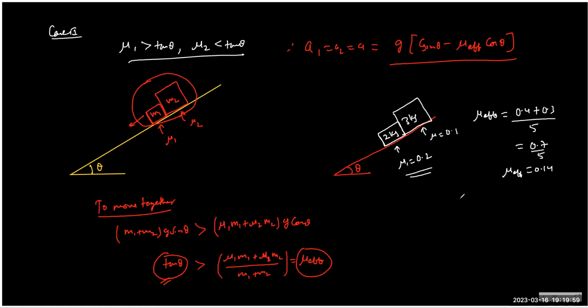So tan theta. No, this is tough work for me to create the value. Oh my God. No problem, I'll do it. Tan 15 degree. No. 10. That's good.